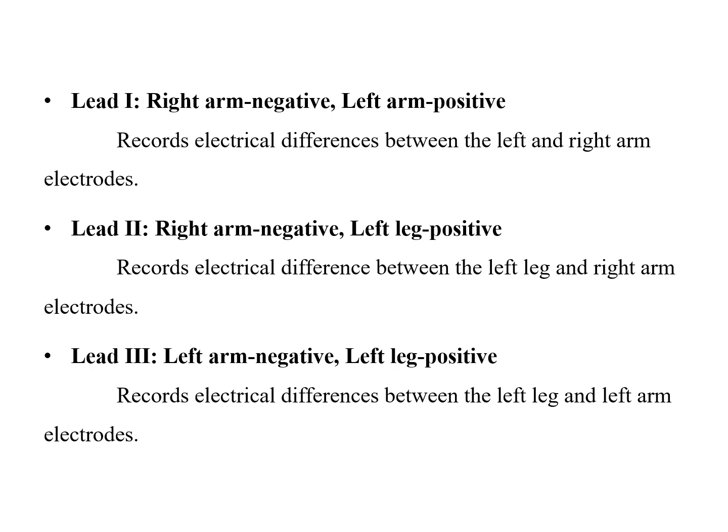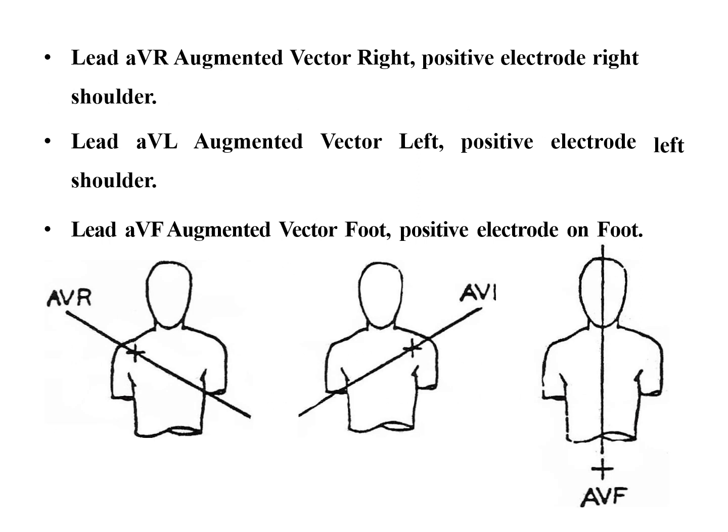Lead 2 is right arm negative, left leg positive, recording the electrical difference between the left leg and right arm electrodes. Lead 3 is left arm negative, left leg positive, recording the electrical difference between the left leg and left arm electrodes.